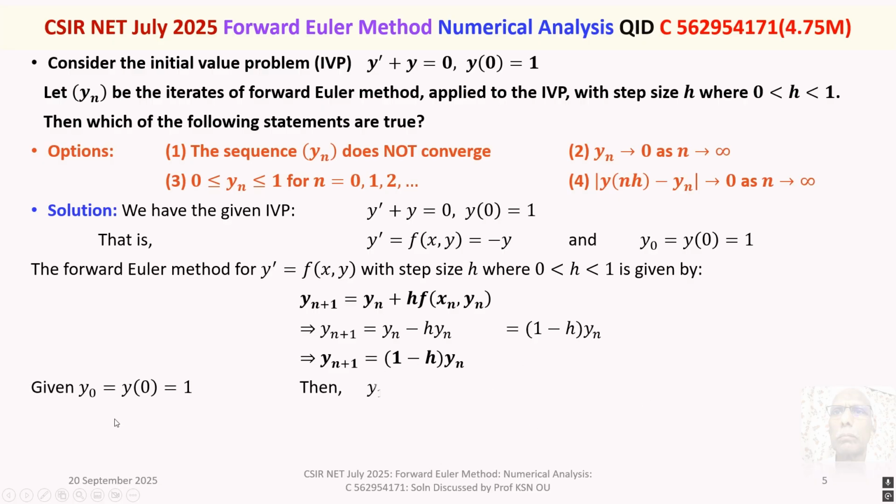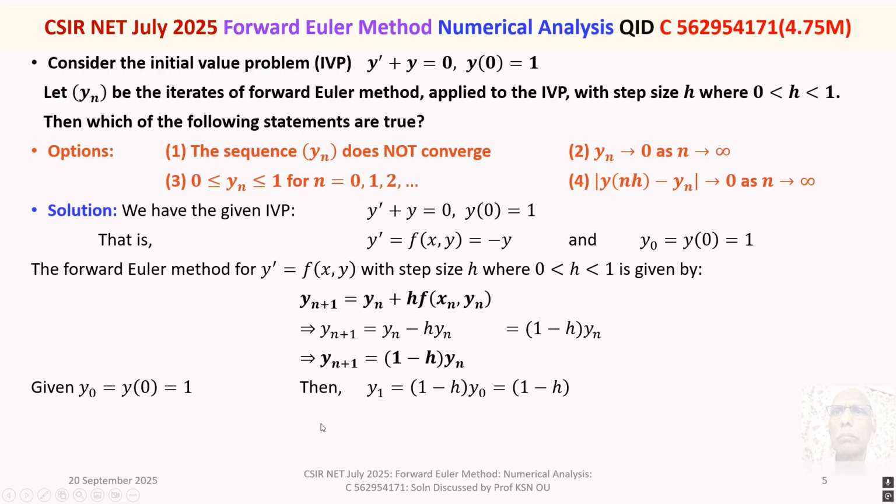Given y naught is equal to y at 0 is 1. This is the initial condition given to us. Substitute n is equal to 0: y1 is equal to 1 minus h into y naught. The y naught value is 1, so that is 1 minus h.